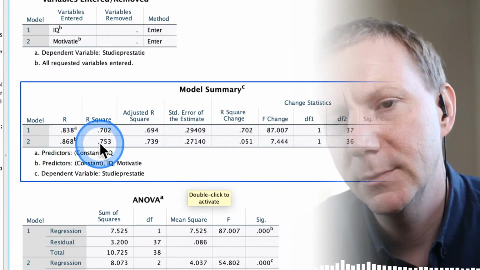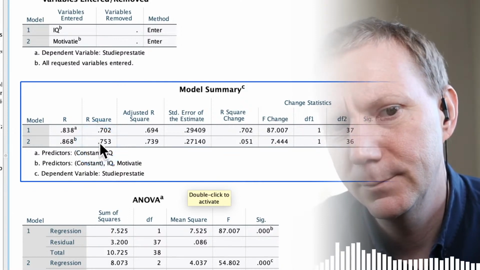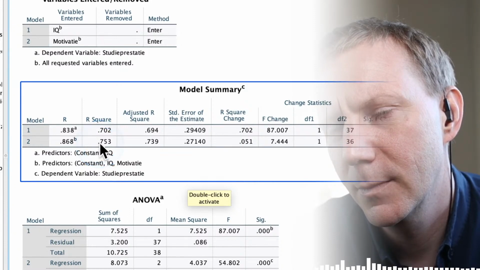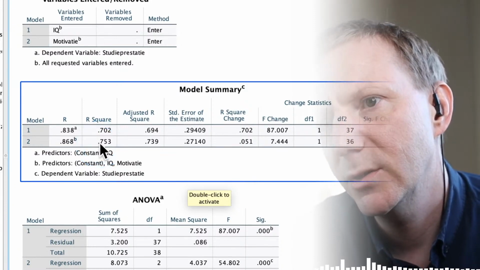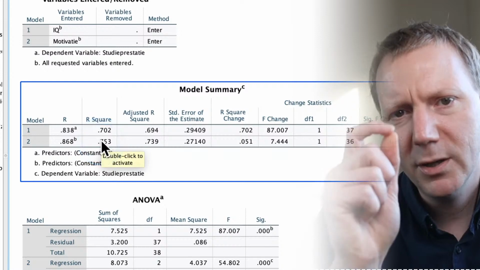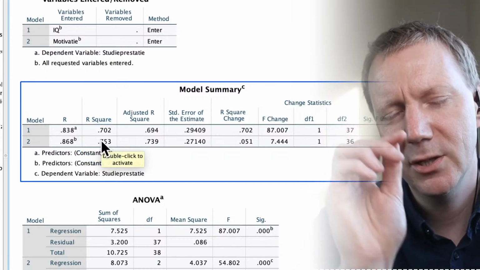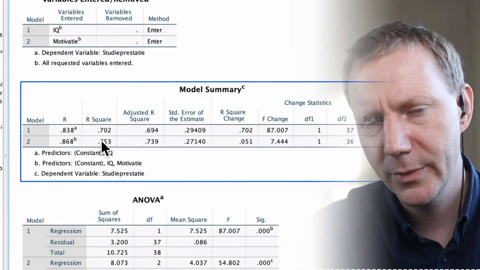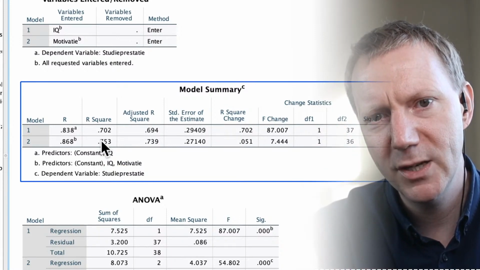Can I ask something? Sure, go ahead. I'm confused because I thought you said we had to put them in separately. In the blocks you put them in separately. You start with block 1, you put in IQ, and you go to block 2 and you put in motivation.